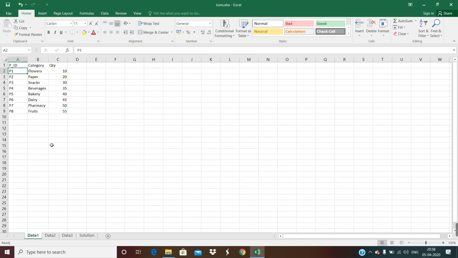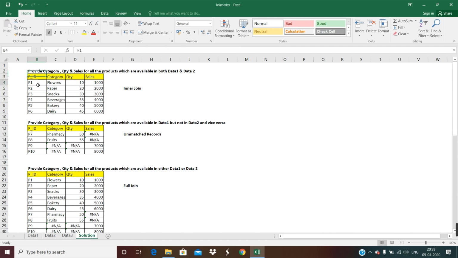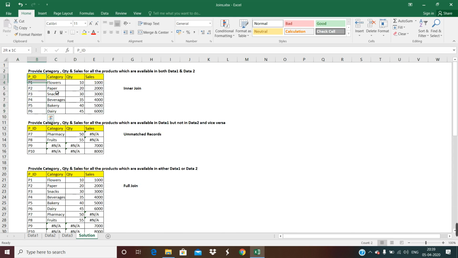We know that P1 to P6 are those products which are available in both the data. So our final output will be only P1 to P6. In a way, from this entire summarized output that we had, we'll only pick P1 to P6, this entire information, and we will have that as a solution.